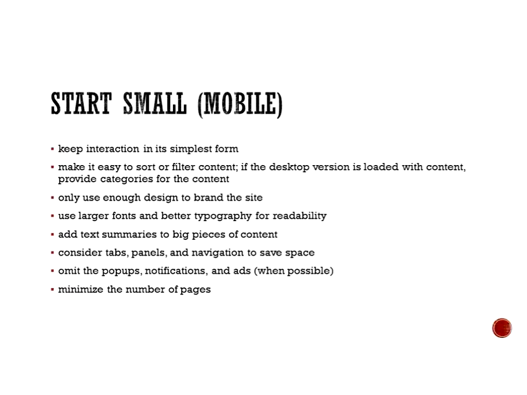And you want to keep the interaction in its simplest form, no complex pull-down, fly-out navigation, just very simple navigation. Make it easy to sort or filter content, and you've probably seen that before. If the desktop version is loaded with content, then take that content and put it into different categories.